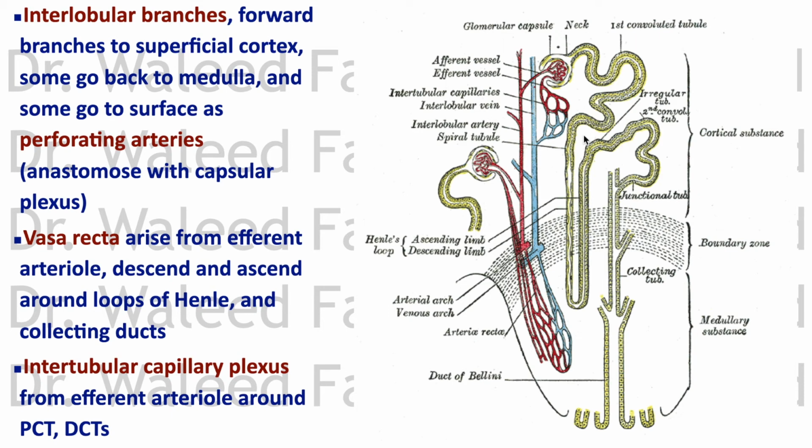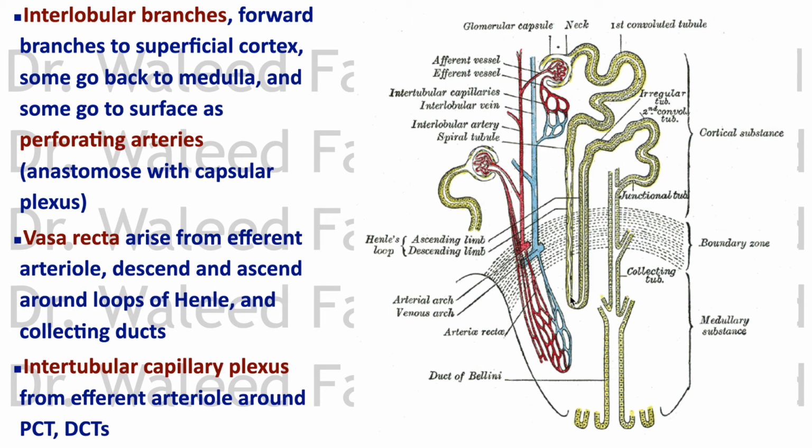So the efferent arteriole gives off two plexuses, the intertubular capillary plexus around the PCT and DCT, and the vasa recta plexus around the descending and ascending loops of Henle, and of course the collecting ducts as well, the vasa recta.